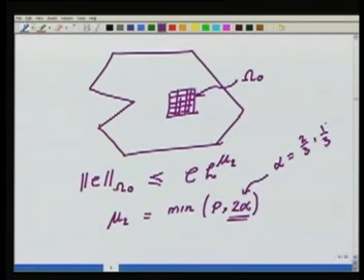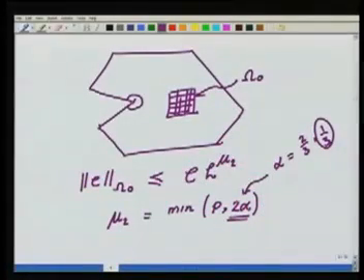So for 1/3, 2 alpha is always less than 1. In that case, the effect of the singularity here dominates the accuracy of the solution here. This is the so-called pollution effect. That is, numerically, whatever was the penalty that I paid in representing the solution in these unsmooth regions, I have to pay everywhere.